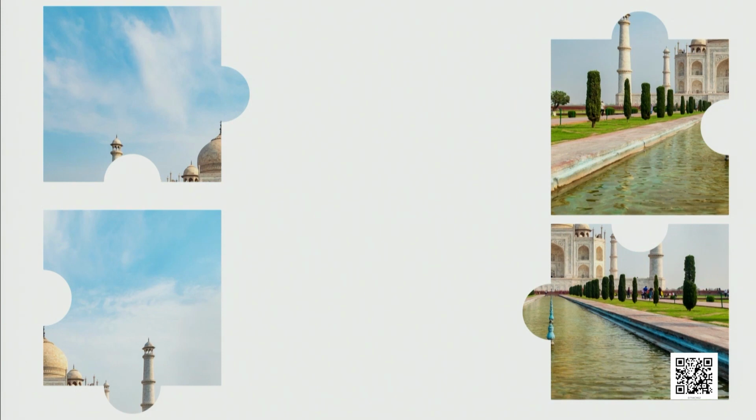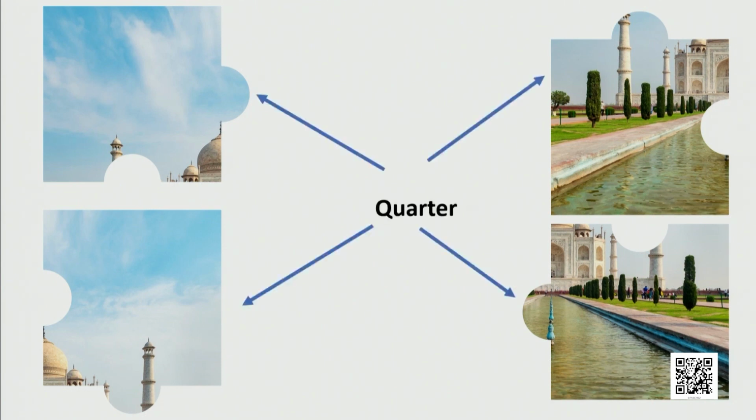Can you guess what picture you are going to get? I am going to solve it and we are going to see what picture we get. But for the time being, let us see if we can give a name to each part. Yes, each part would be known as a quarter.